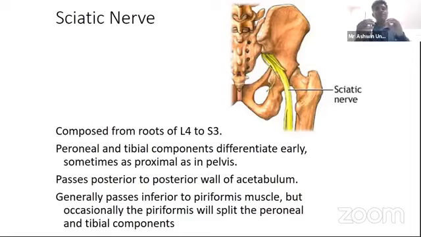Because if the sciatic nerve is not affected, you have time to work on it. If the sciatic nerve is affected, you have much less time. And one has to always appreciate the peroneal and the tibial components of the sciatic nerve, because the peroneal comes slightly laterally compared to the other component of its origin.